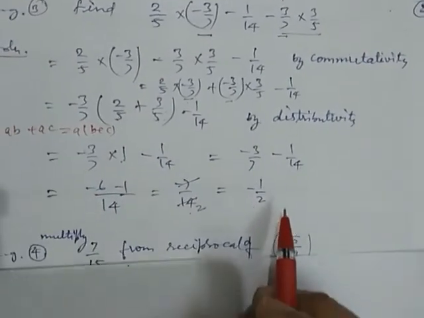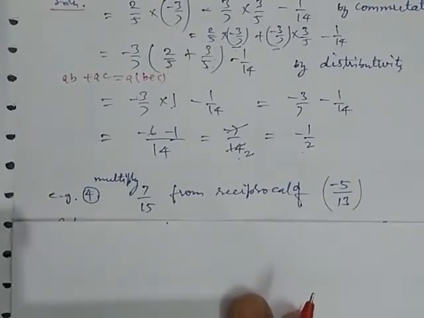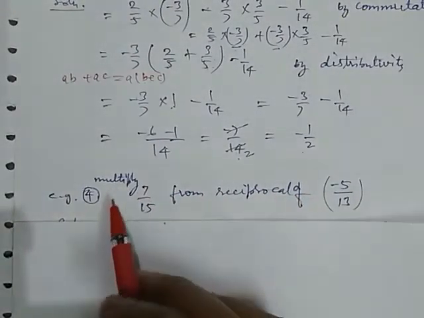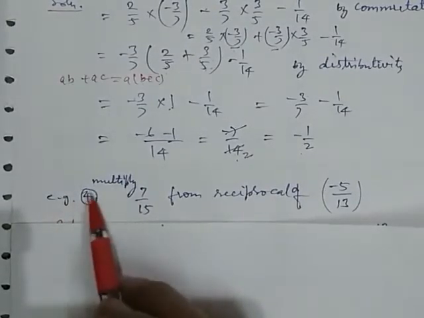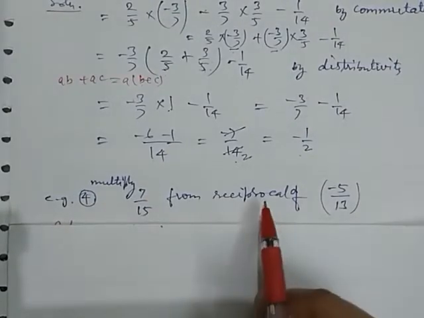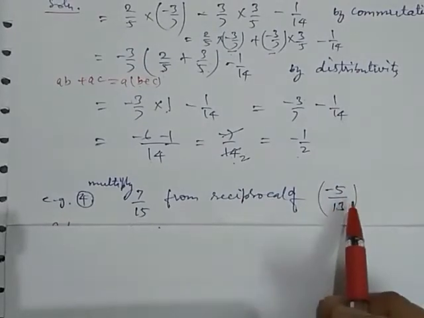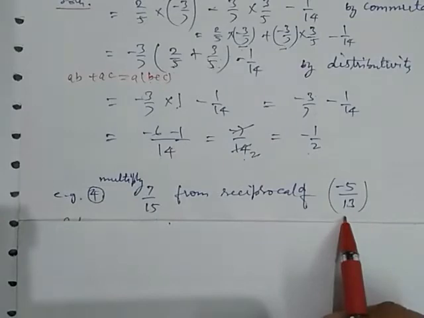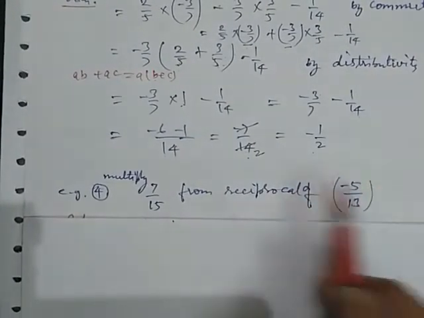Okay, now we take another question to learn reciprocals. The fourth question is: multiply 7 by 15 by the reciprocal of minus 5 by 13. So first we take the reciprocal of this, then we multiply.